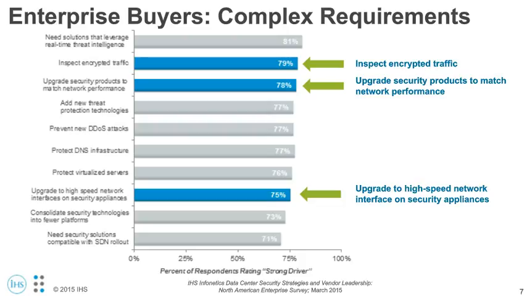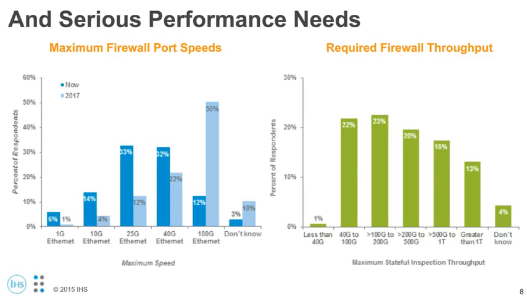So in the enterprise, again, we look specifically at, all right, you need faster ports. What exactly do you need? And here, looking out at 2017, half of these enterprise respondents said they're going to need at least some support for 100 gig ports. And on the throughput side, what really tells all the story is only 1% think that their fastest firewall is going to need to be less than 40 gigabits.